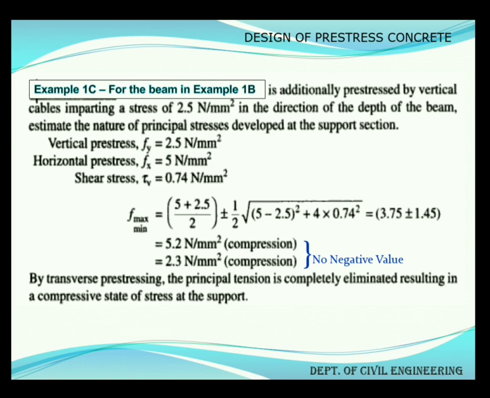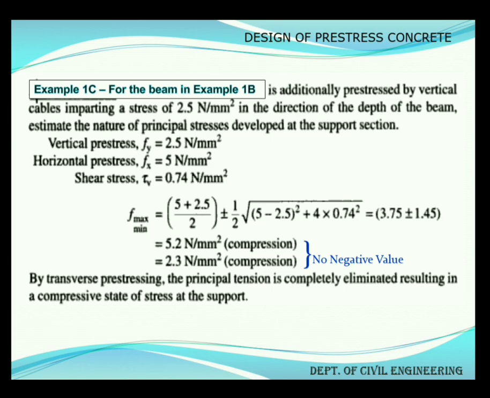Shear stress is the same as we computed earlier, that is 0.74. Therefore, using these values, if we compute the principal stresses, F maximum and F minimum, we get the compression as 5.2, whereas we don't get any tension.